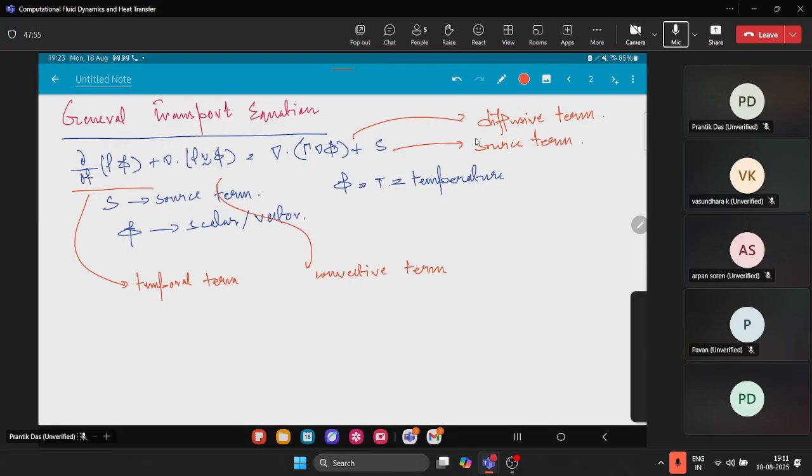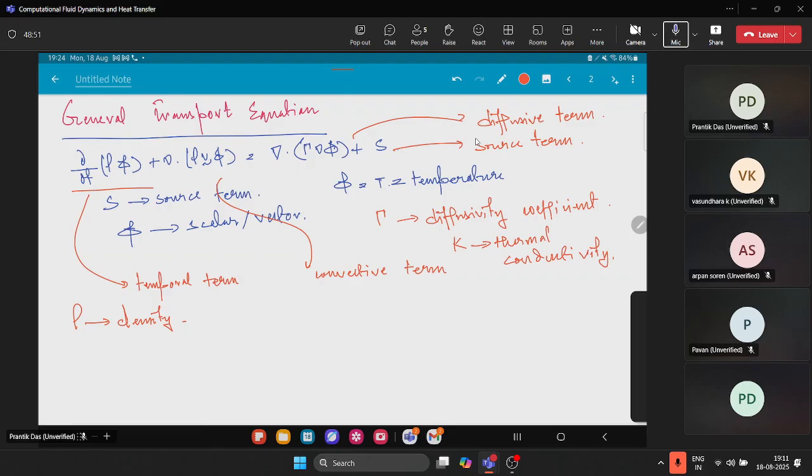This capital gamma is the diffusivity coefficient, which in your case will be equal to the thermal conductivity, and rho is the density.